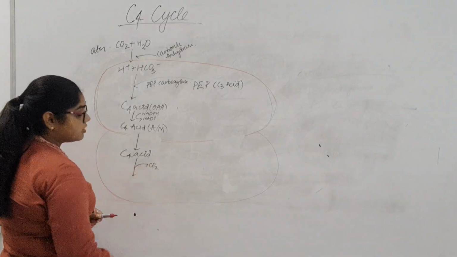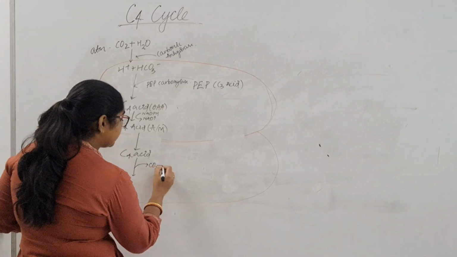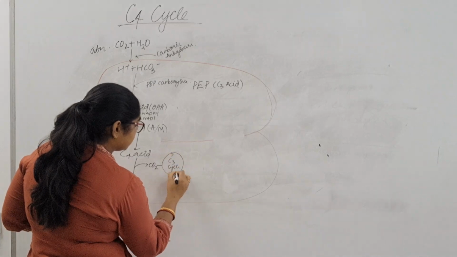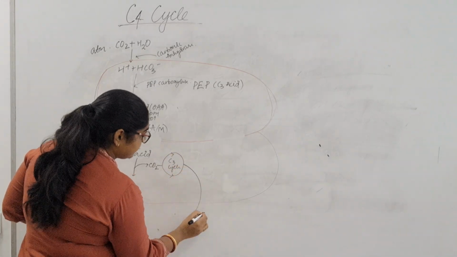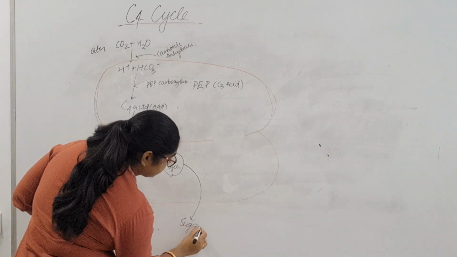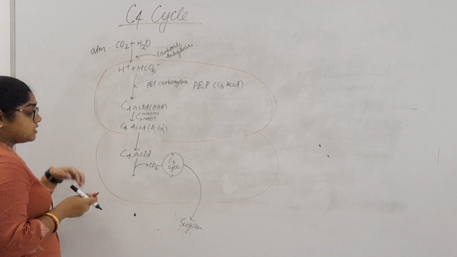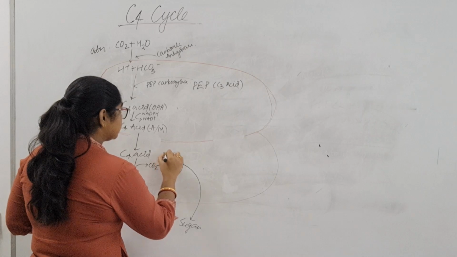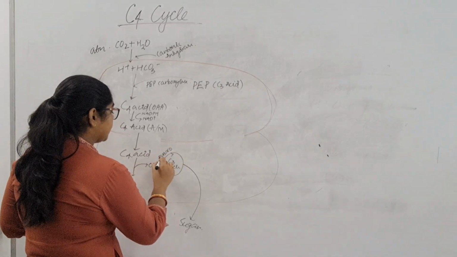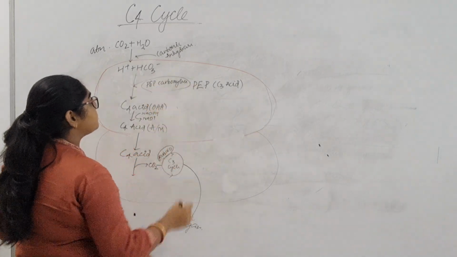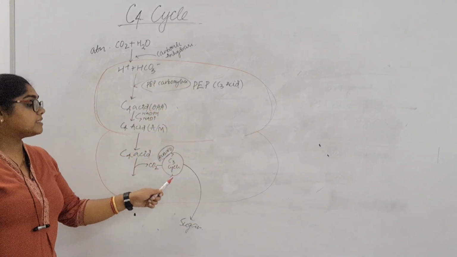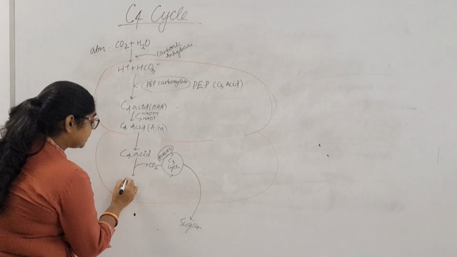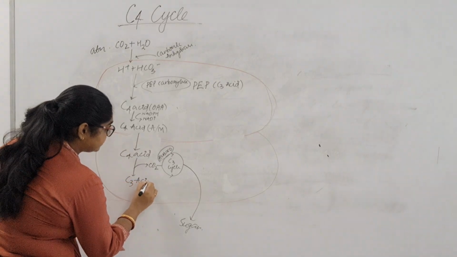That means it produces one carbon dioxide which enters into the Calvin cycle, and it produces sugar as a product of the photosynthesis process. The enzyme responsible for carboxylation here is RuBisCO. First in PEP carboxylase, here in RuBisCO, this carbon dioxide fixes in C3 cycle. Then one carbon has gone from the C4 acid, that's why it produces a C3 acid.